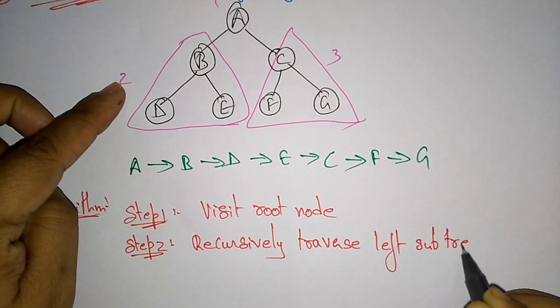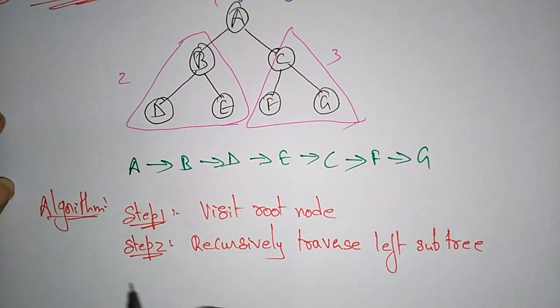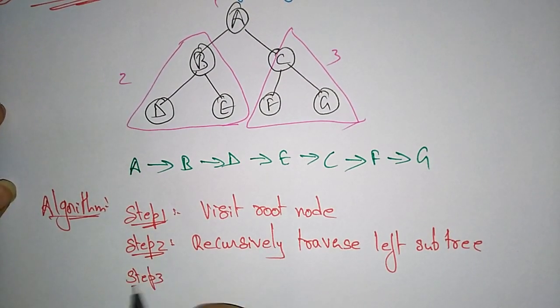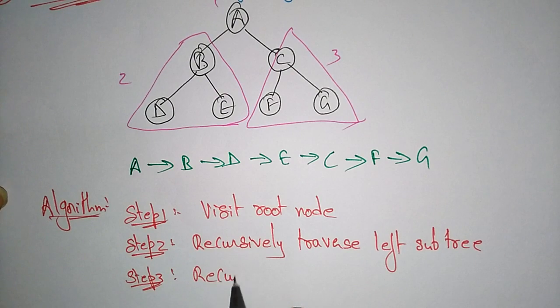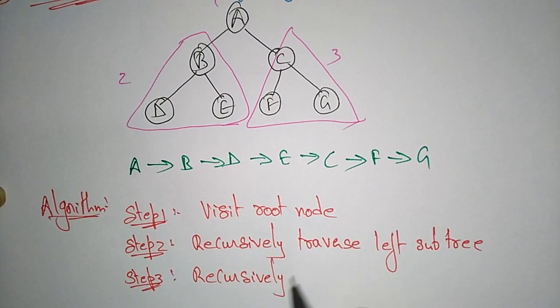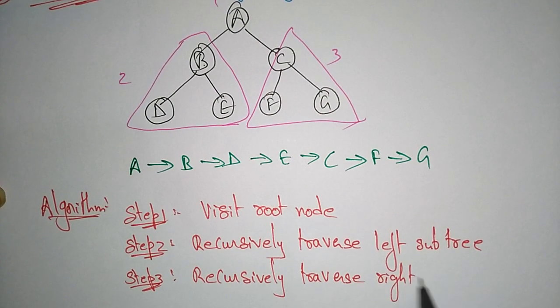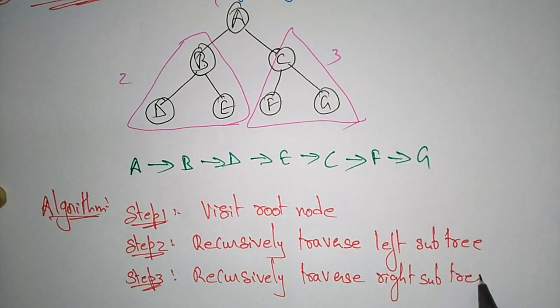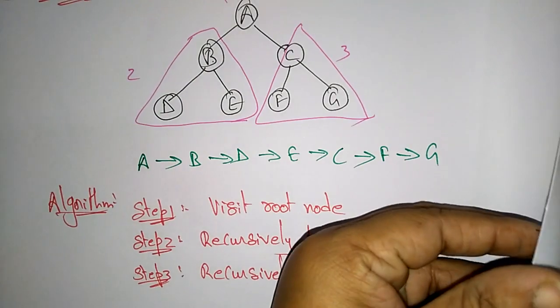Step 3, recursively traverse the right subtree. So this is Preorder. Now coming to the next, Postorder.